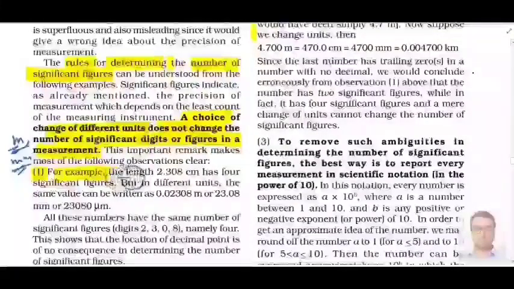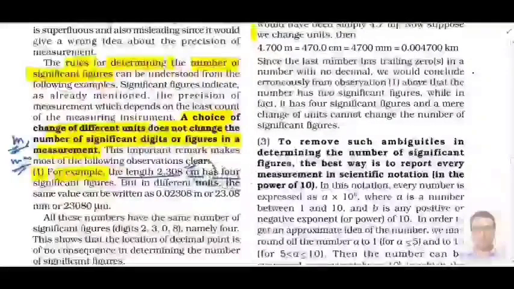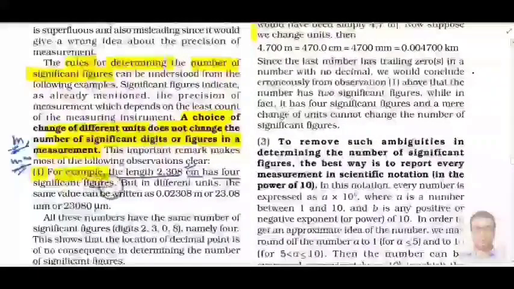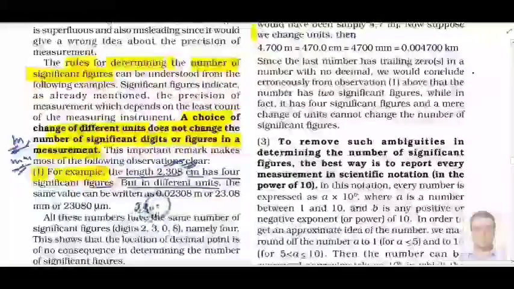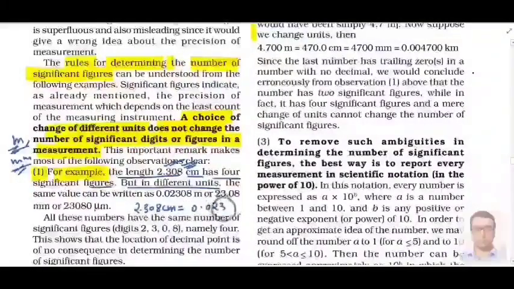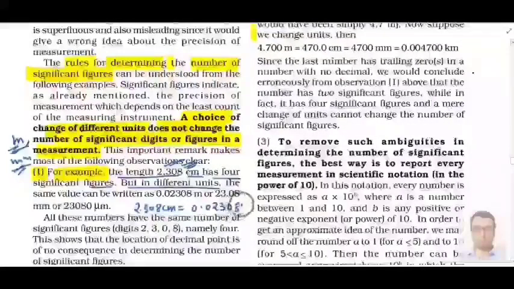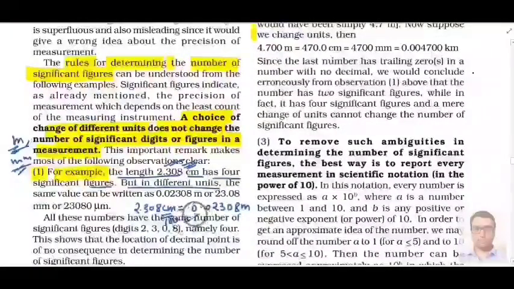For example, the length 2.308 centimeter has 4 significant digits, but in different units. Suppose we want to convert it into meter. 2.308 centimeter will be equal to 0.02308 meter, because we divide by 100 to convert into meter.